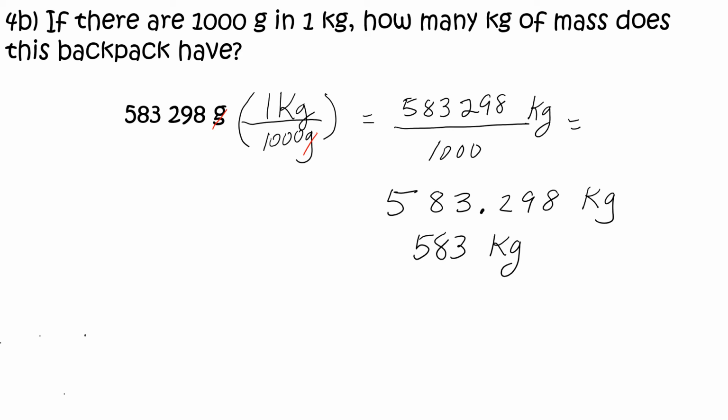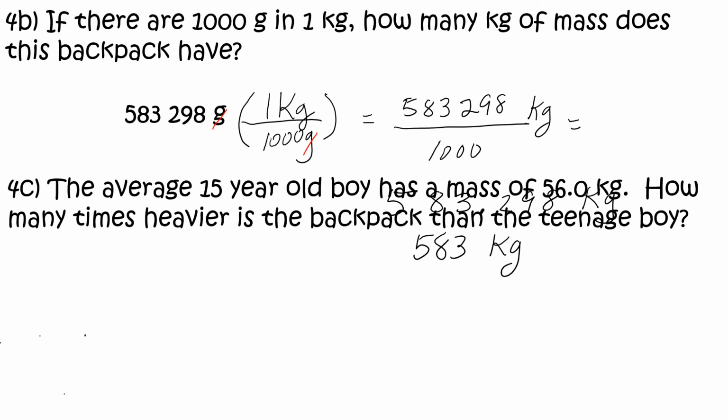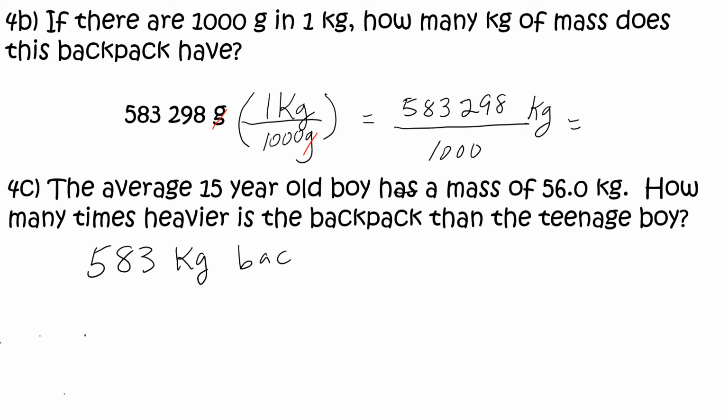All right, now, here's the next question. I'm going to move this over so you guys can see this. So I have the 583 kilograms. 583 kilograms is the backpack of gold.